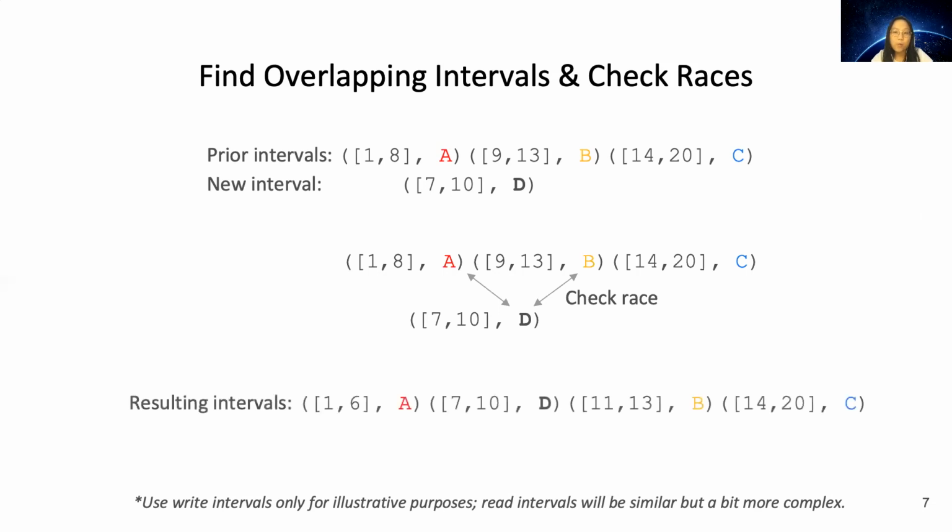Otherwise, we update the set of intervals by shrinking intervals A and B and putting in interval D. For illustrative purposes here, this example is based on write intervals only. For read intervals, the update procedure will be similar, but a bit more complex.